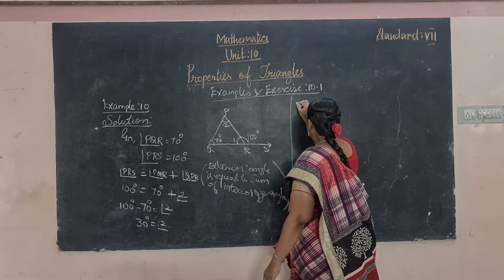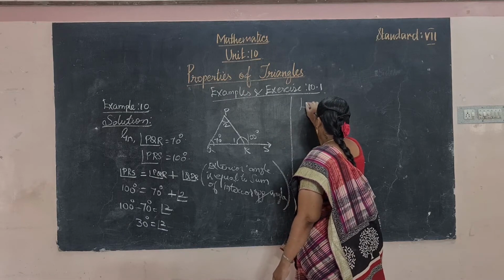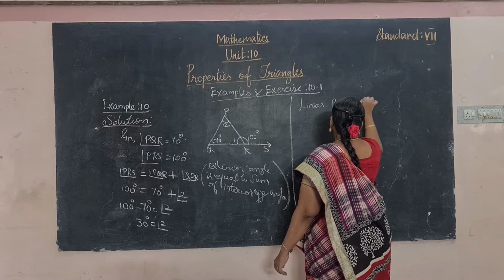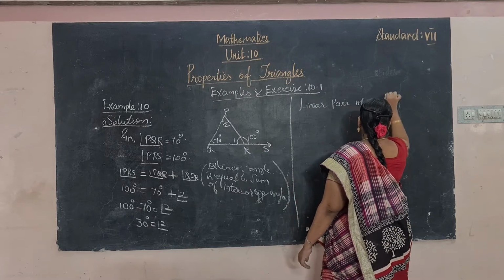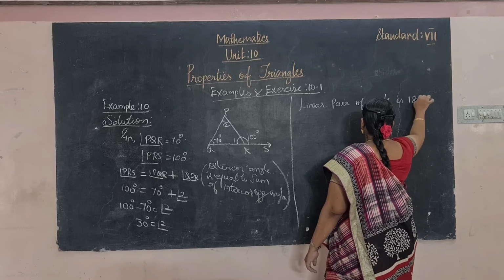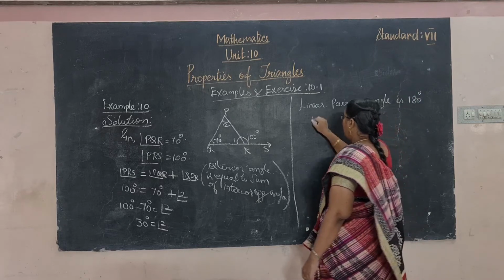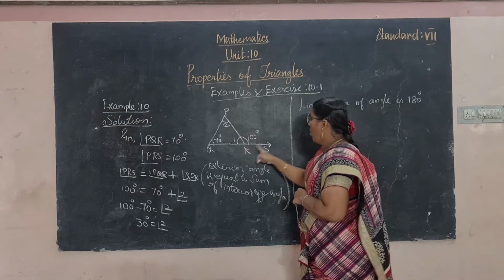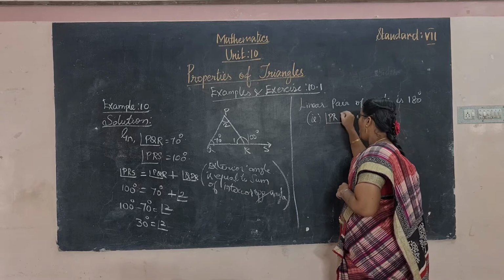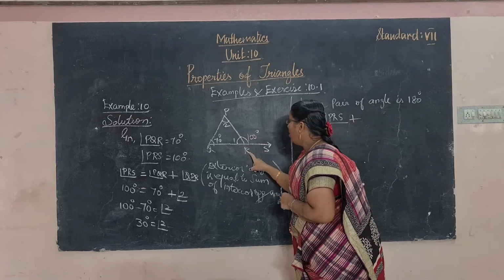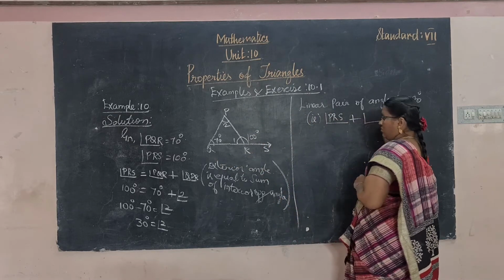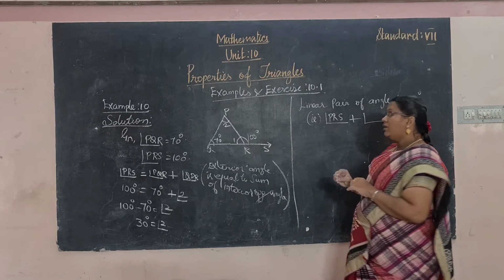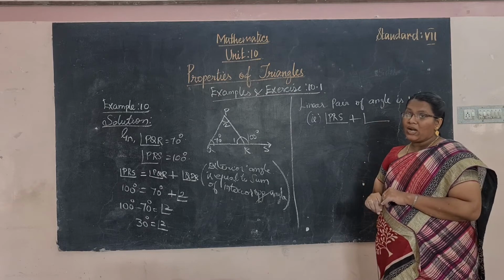First we use the linear pair method. Linear pair of angles is 180 degrees, which means supplementary. That is, angle PRS plus PRQ. The sum of adjacent angles is 180 degrees. Linear pair of angles is 180 degrees means the sum of adjacent angles is 180 degrees.